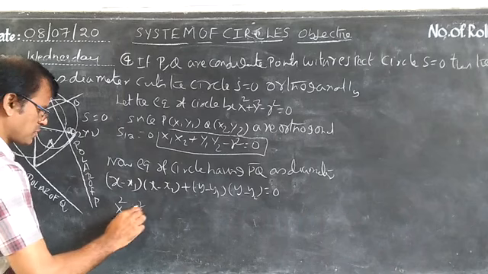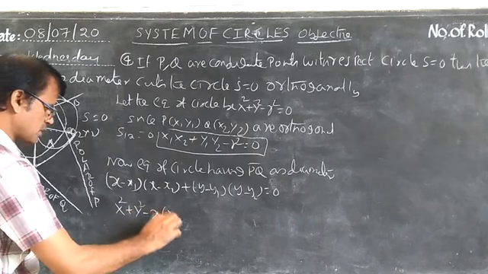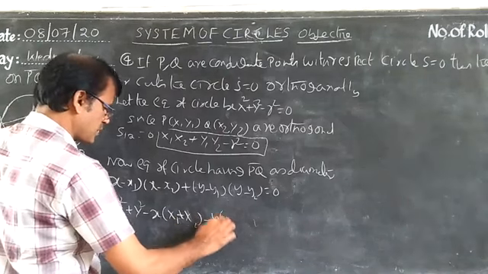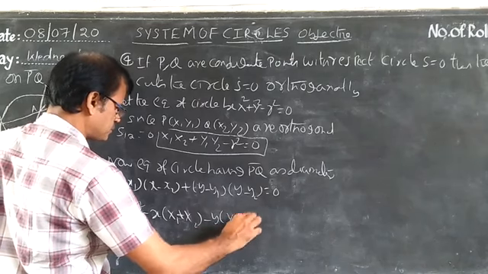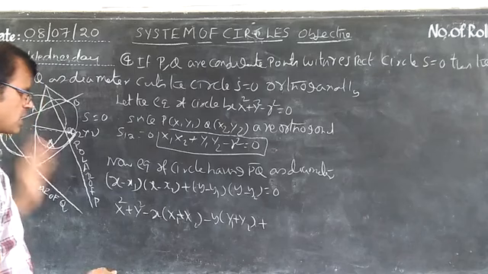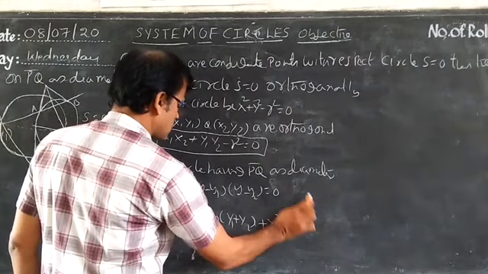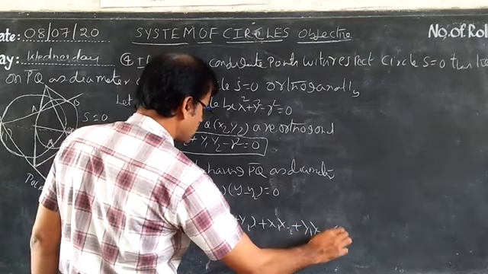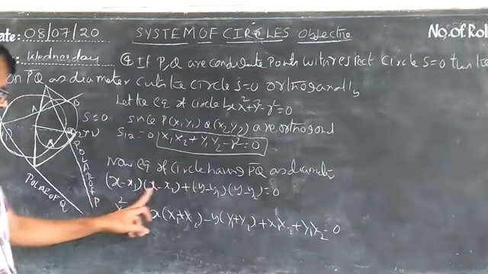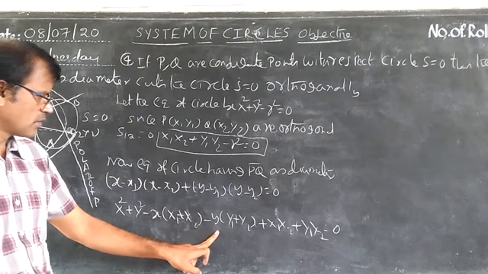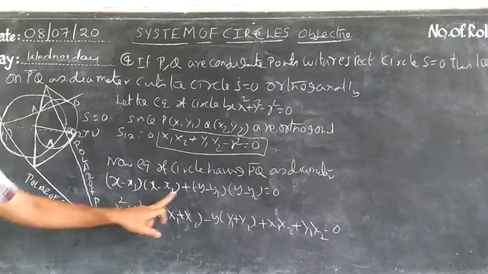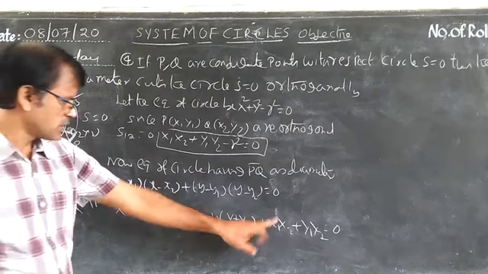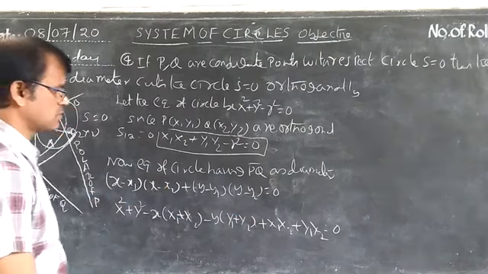Let us expand this equation as x square plus y square minus x(x1 plus x2) minus y(y1 plus y2) plus the remaining terms x1 x2 plus y1 y2 equal to 0.